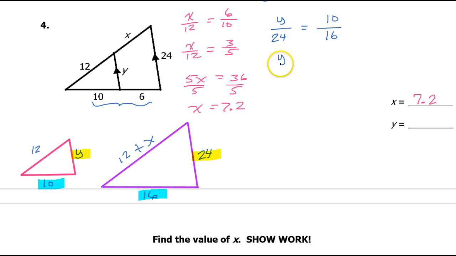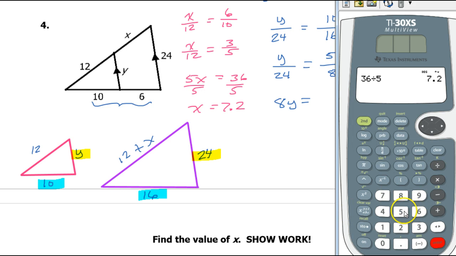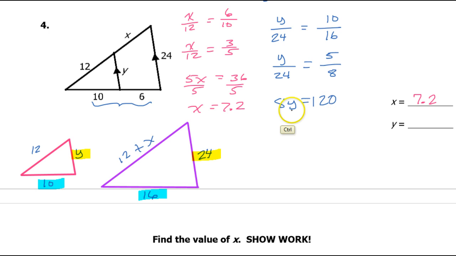So that's going to make y over 24 is equal to 5 over 8. And when I cross multiply, I have 8y is equal to whatever 5 times 24 is, 120. And then I have to divide by 8.